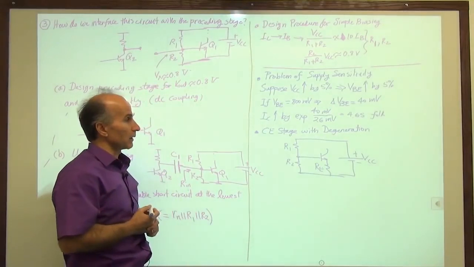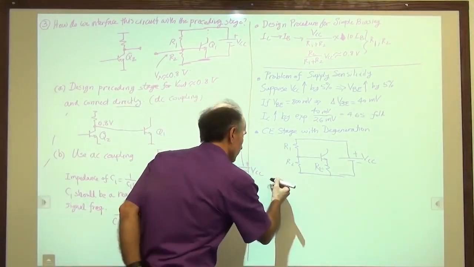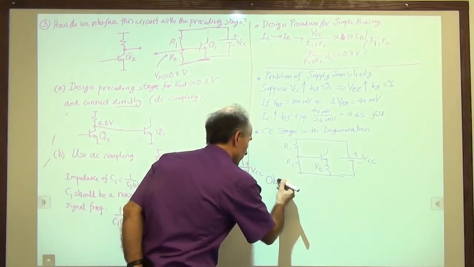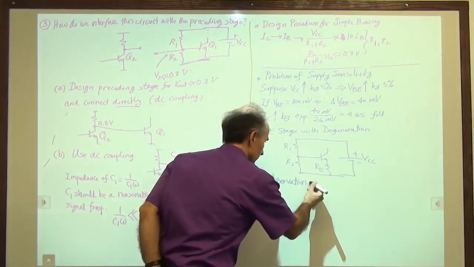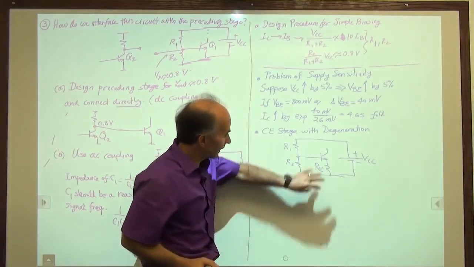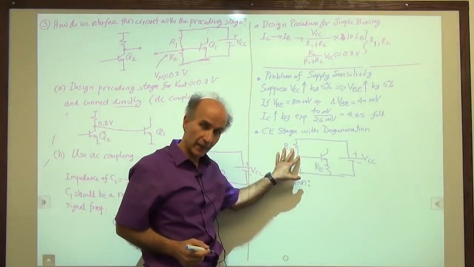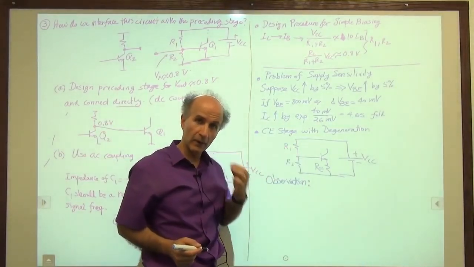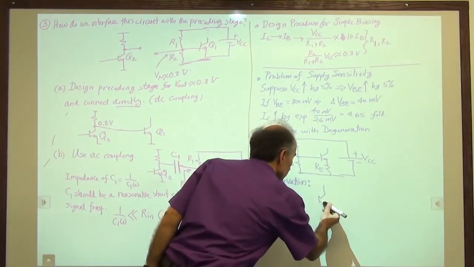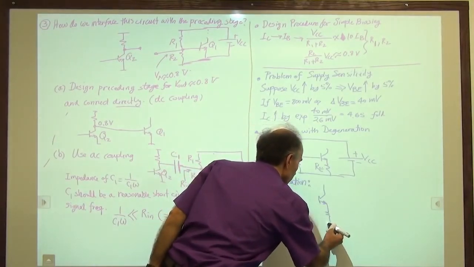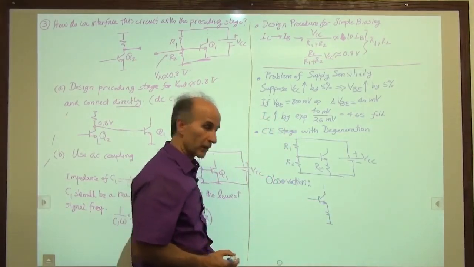All right, so let's just prove one point which will greatly help us, and I will call that observation. I will take this circuit in isolation without the biasing components yet and perform a simple experiment on it. So here's a simple common emitter stage with degeneration.